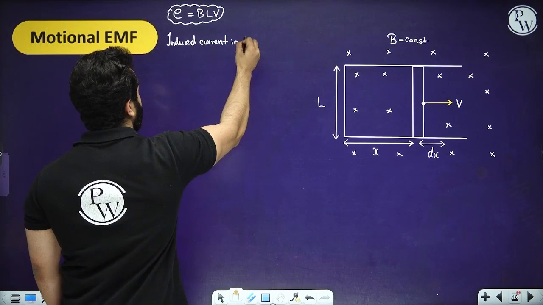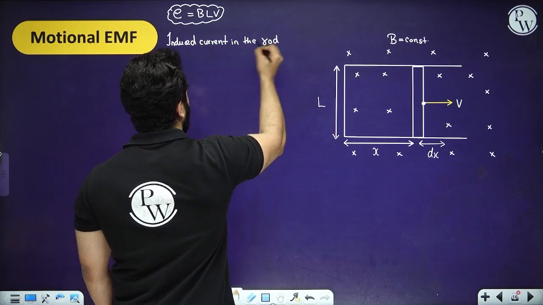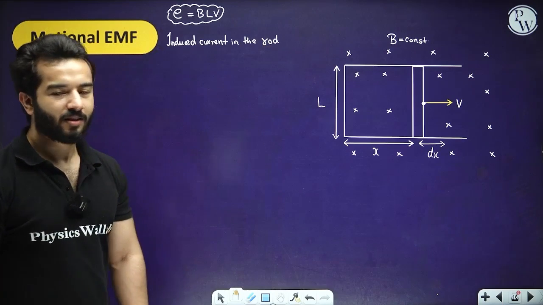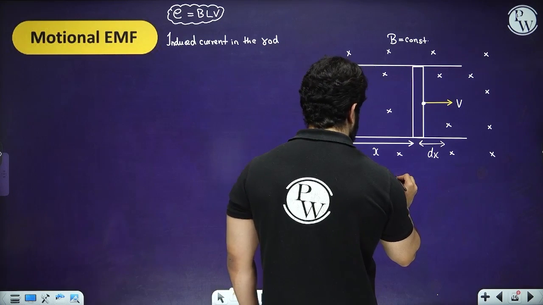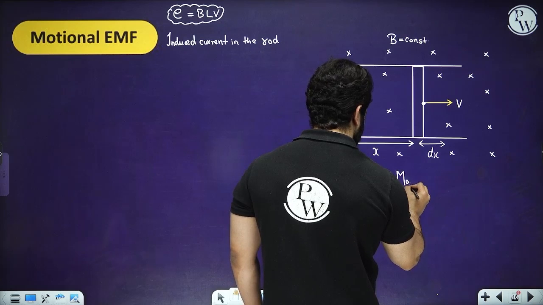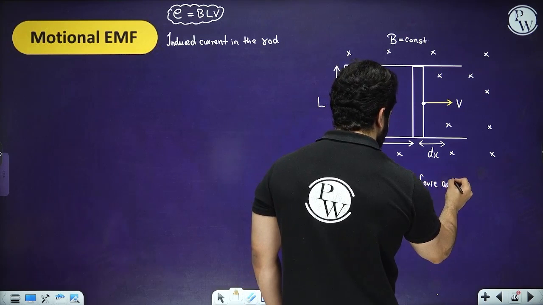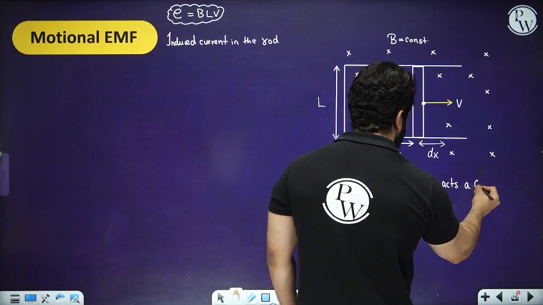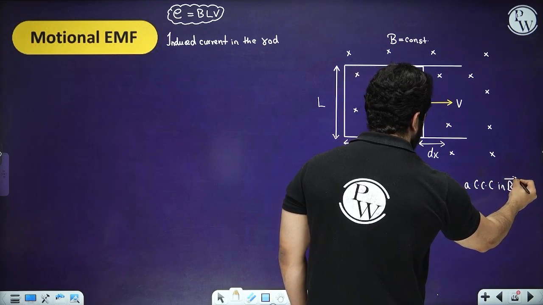Please understand, there is an induced current in the rod, and this rod is kept in the magnetic field. Do you remember magnetic force? Magnetic force acts on a current-carrying conductor kept in a magnetic field. Do you remember this concept?